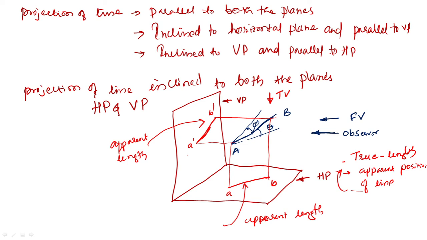So the traces you are going to get in the case of the front view are with respect to the reference of the location of one point. You just observe the location of A here in top view and the location of A in front view.